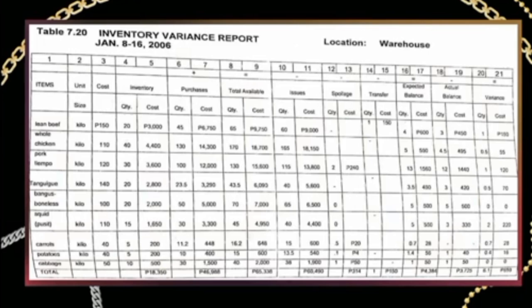Enter the total available quantity in column 8 and the total available amount in column 9. From the issuance records or issues worksheet, get the total quantity of all issued stocks and enter the data in column 10 and the amount in column 11.